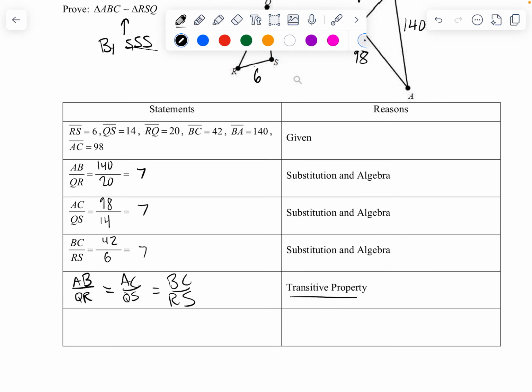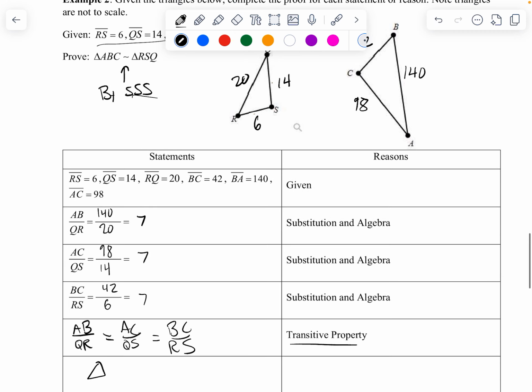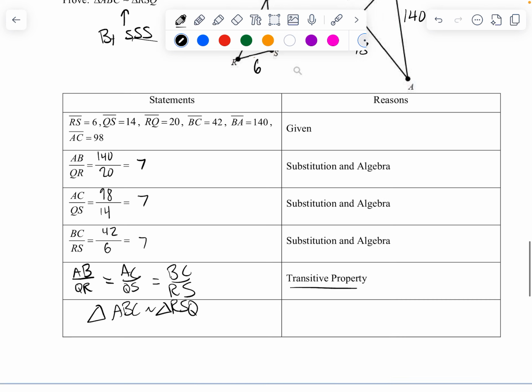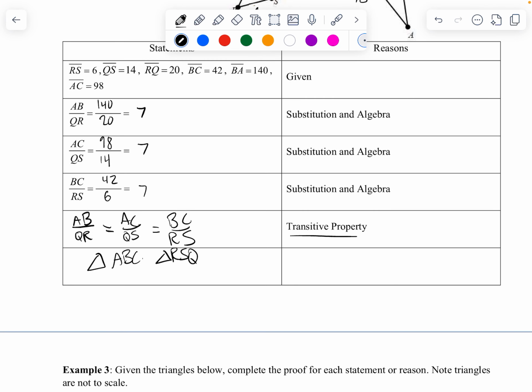Do we have it proved when we know we have side, side, side, all proportions the same? Yes. So now we can just state what we wanted to do from the beginning, proving the similarity statement. Triangle ABC is similar to triangle RSQ. And we know that by side, side, side, similarity criteria.